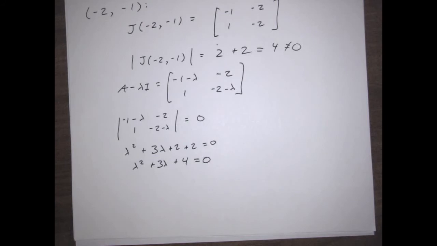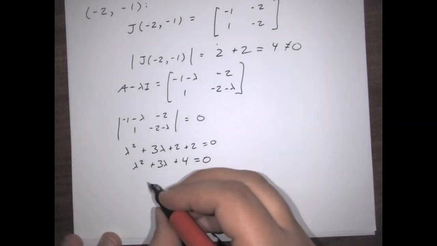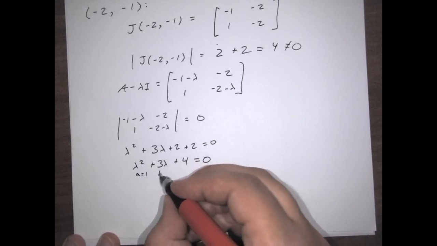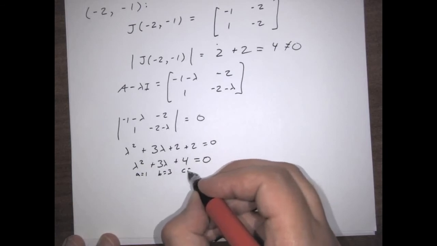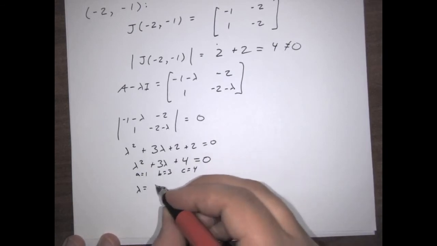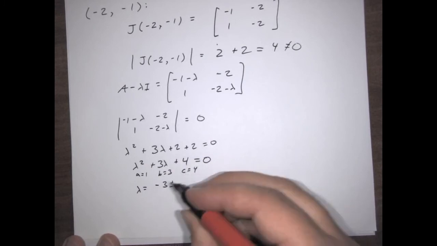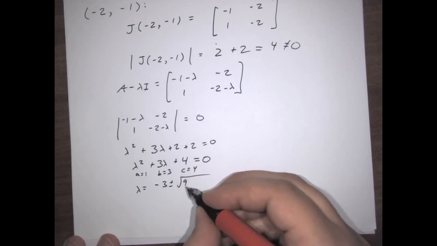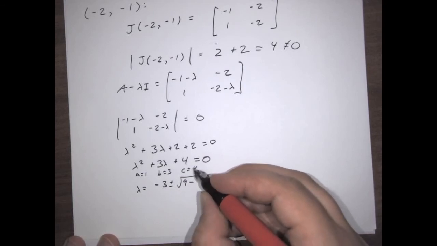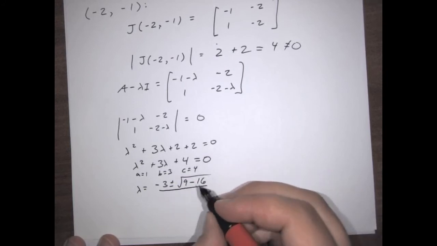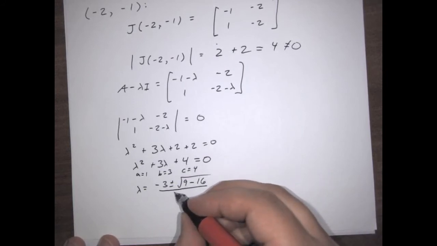And so we would factor this if we could. We can't though, so therefore we will use the quadratic formula with a equals 1, b equals 3, c equals 4, and then lambda equals minus 3 plus or minus the square root of 9 minus 4ac, so it's going to be 16, divided by 2a.